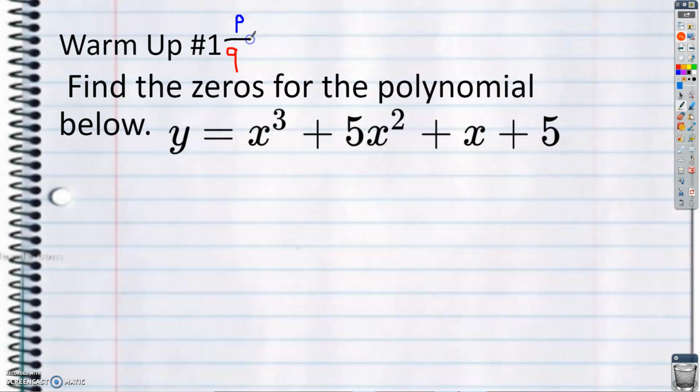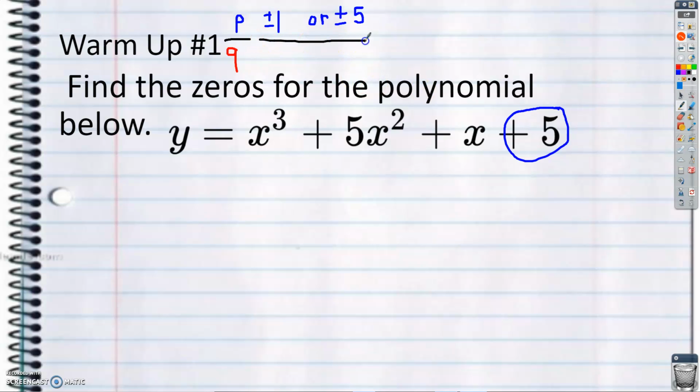Okay? And so remember P is your factors for positive 5, so plus or minus 1 or plus or minus 5.